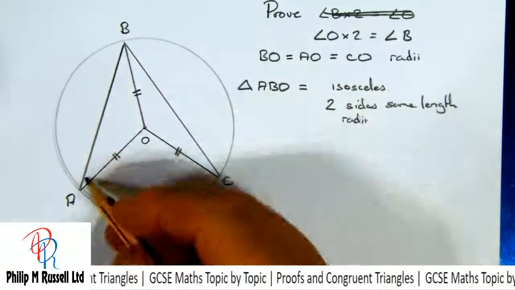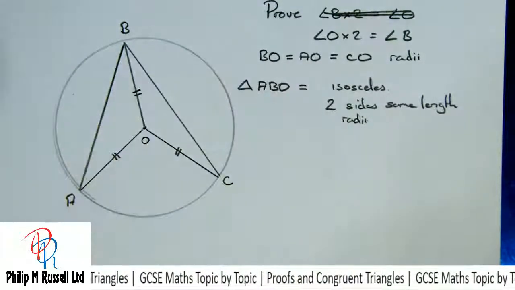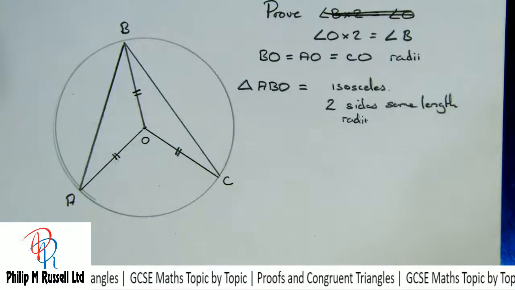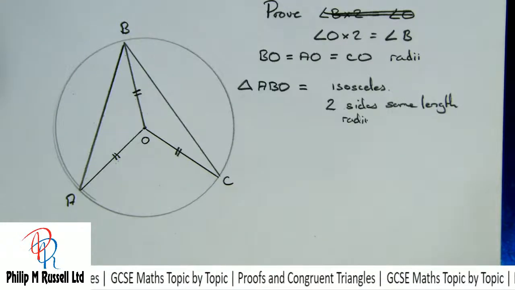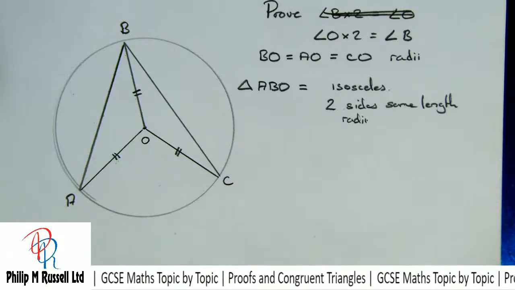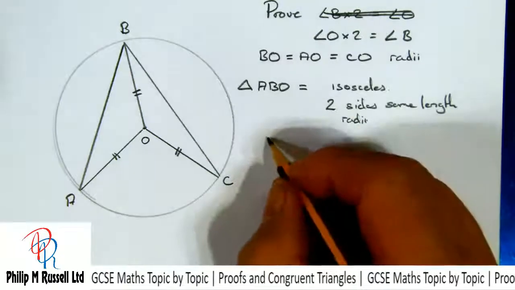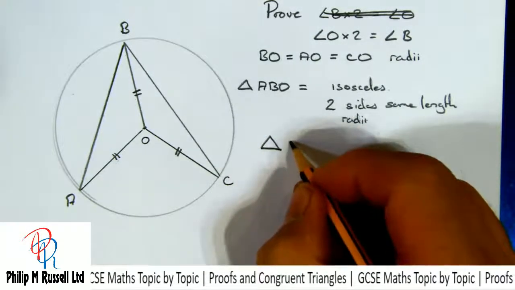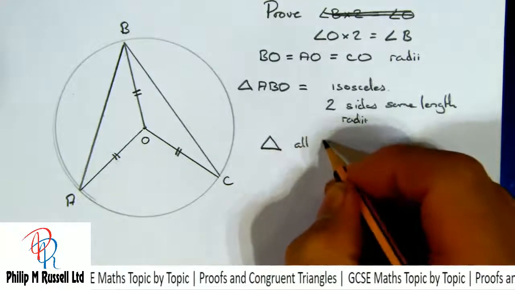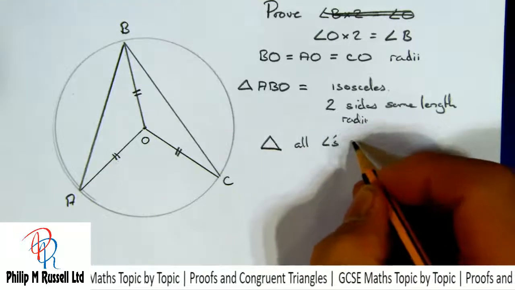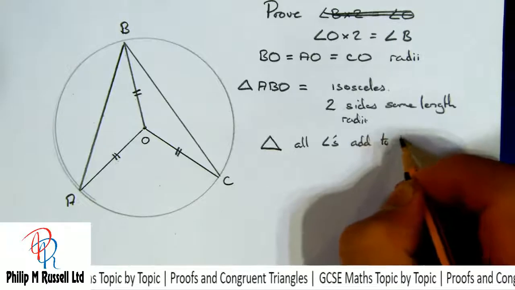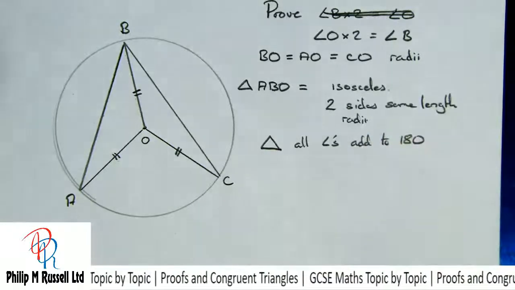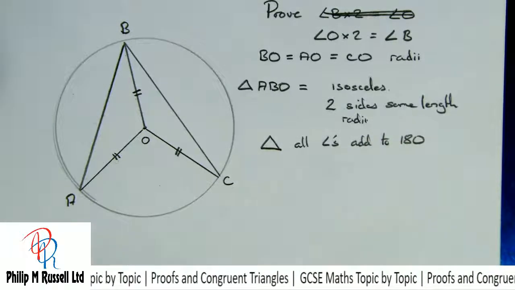So let's look at this particular triangle and see what we can say about it. I know it's a triangle, and I know in a triangle all angles add up to 180 degrees. There's another fact we know.